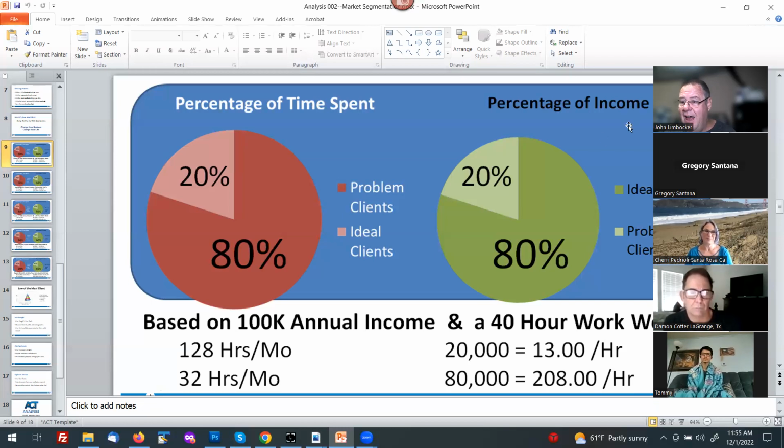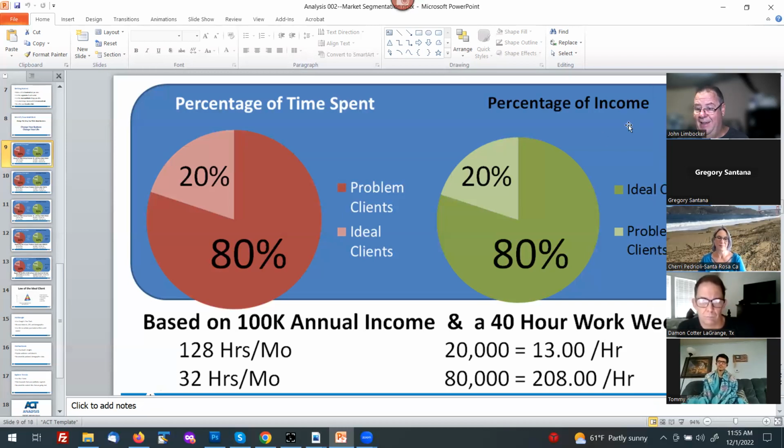Right? That's what a lot of people's business looks like. So you've got ideal client, problem client, 80-20. This is what your business is probably doing. Now, if we take just a small business, $100,000 annual income, and you're putting in 40 hours a week, we can break this down and I can tell you how much you're making.